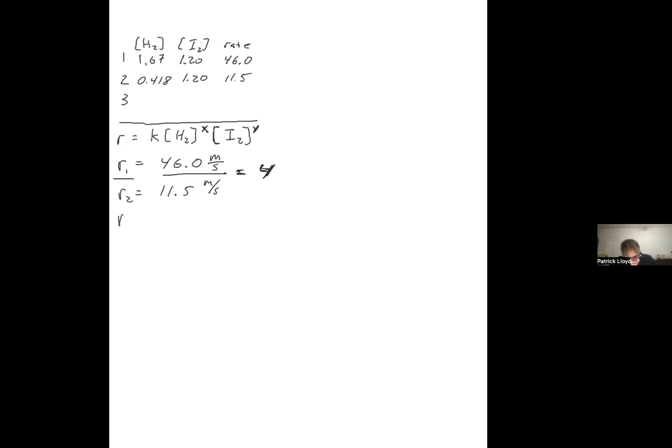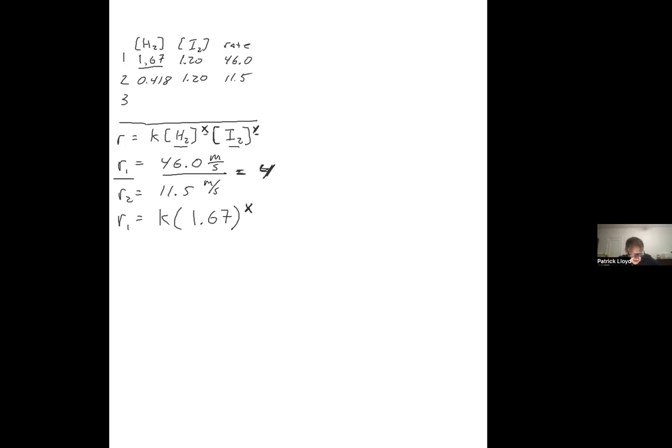Now what I'm going to do is take the rate law for reaction 1. So that would be K times H2 to the X times I2 to the Y, where those are concentrations of H2 and I2. The concentration of H2 for experiment 1 is 1.67. So see what I'm doing?